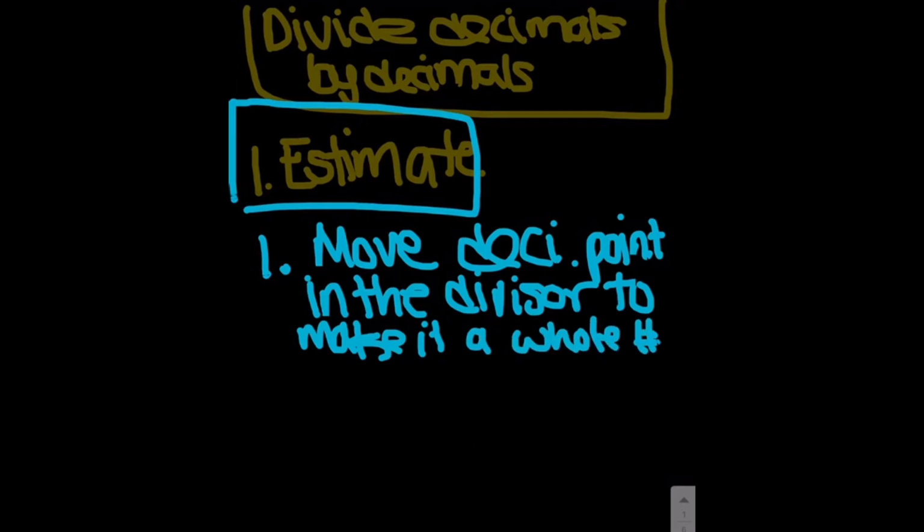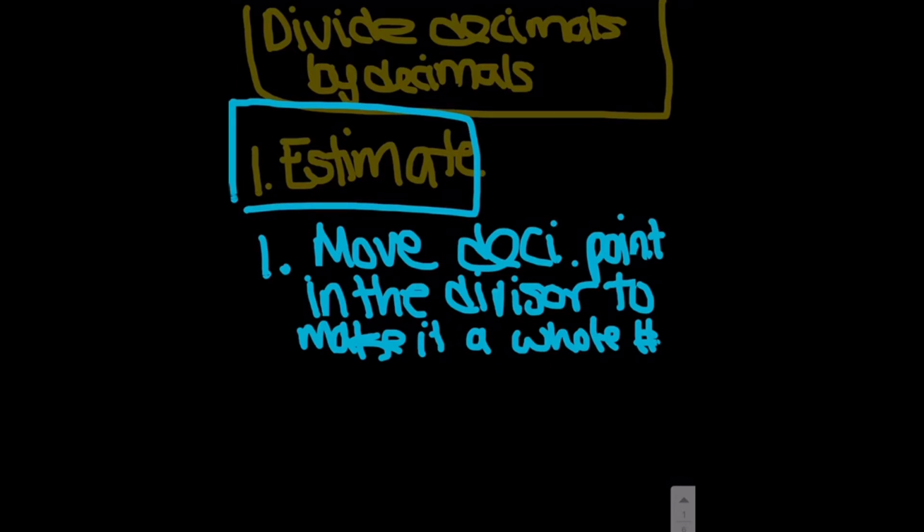Now if you recall from the multiplying decimals video, you remember that we also had to move it, right? We wanted to make it a whole number. You times it by a multiple of 10, like 10, 100, 1,000, all that, right? It's always like 10, 100, 1,000, all that.